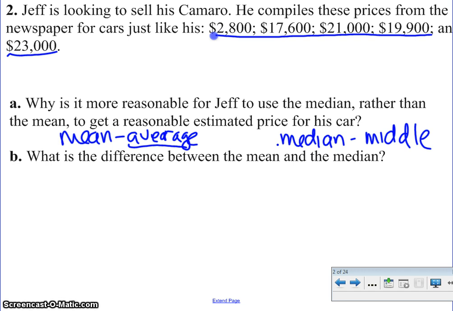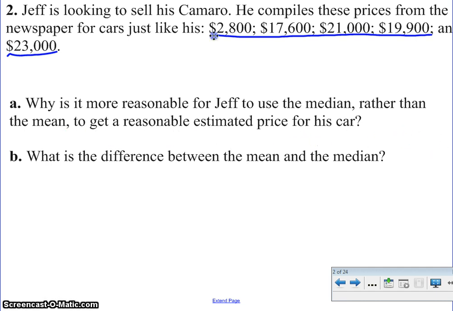So the answer that I'm looking for here is, first, do we have an outlier? Well, our prices are $2,800, $17,600, $21,000, $19,900, and $23,000. So you notice that these values all are relatively close to the 20,000 range. However, this one here, this guy probably got into a wreck and it's got a salvage title.